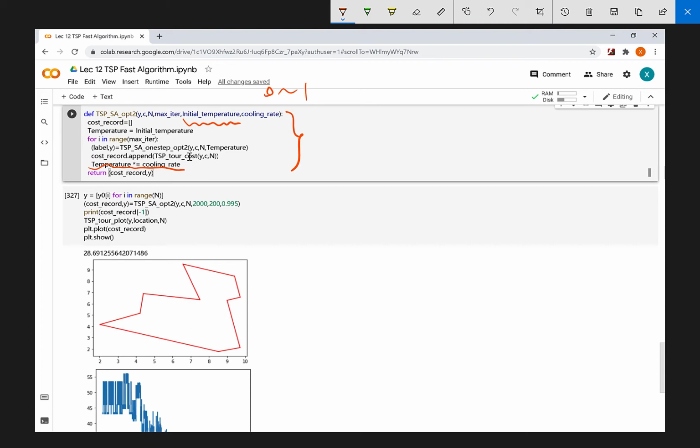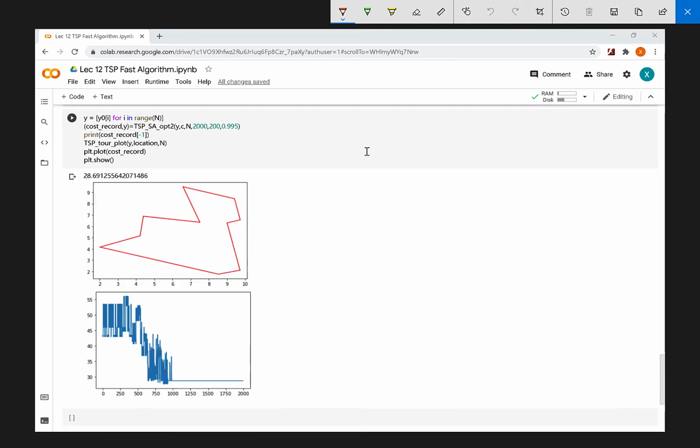After we update our temperature, we keep doing our one-step 2-opt operations until we reach the max number of iterations. In this particular case, we set 2000 maximum iterations, 200 as our initial temperature, and 0.995 as our cooling rate.